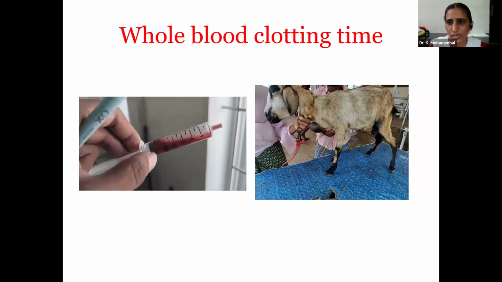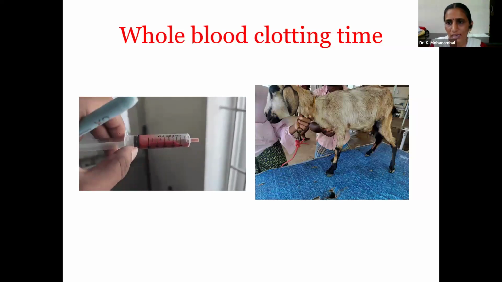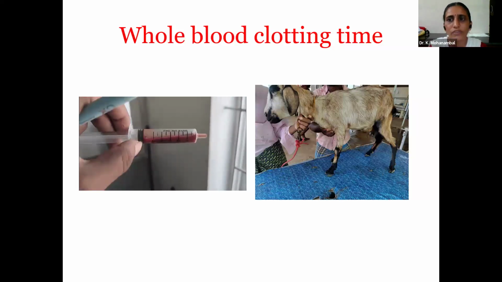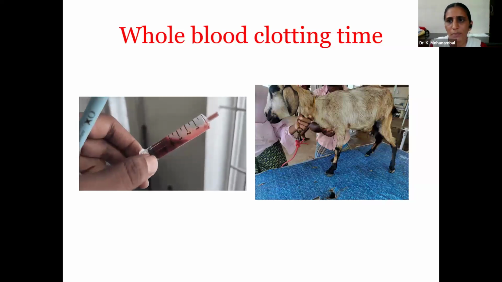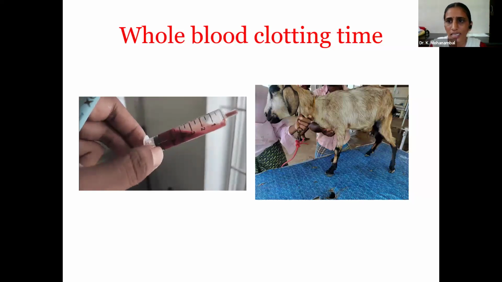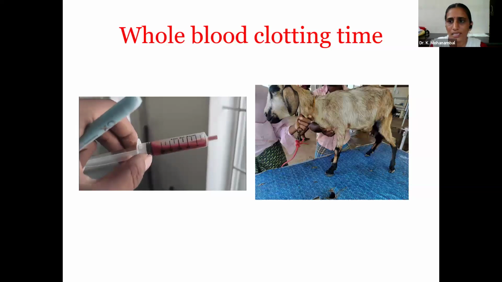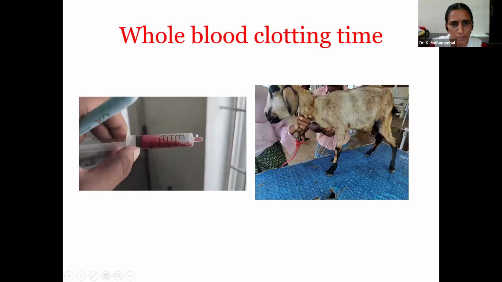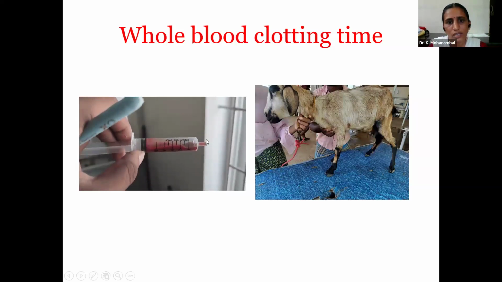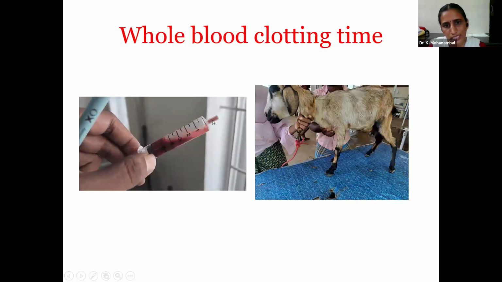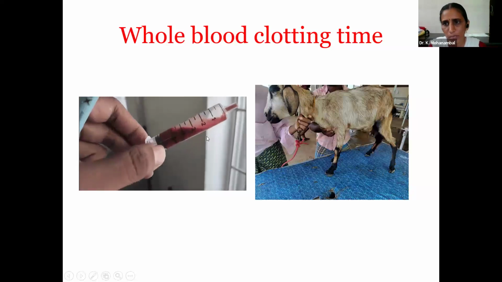To arrive at a conclusive diagnosis, you need to check the blood once after collecting, after 10 minutes only. Within 20 minutes, the blood should be clotted. If it is not clotted, it indicates that the animal has snake envenomation. Suppose you are using a syringe; when collecting, the hub of the syringe may be blocked with blood clots.